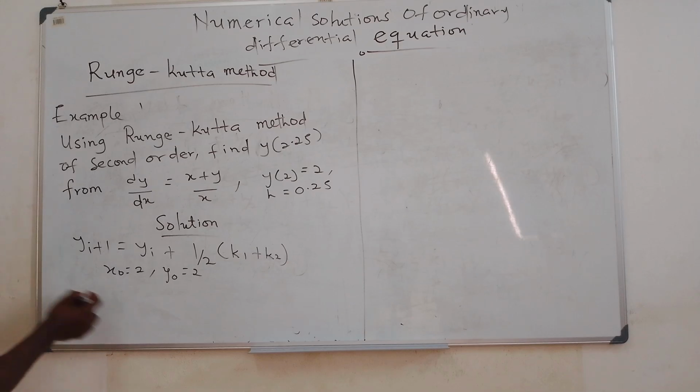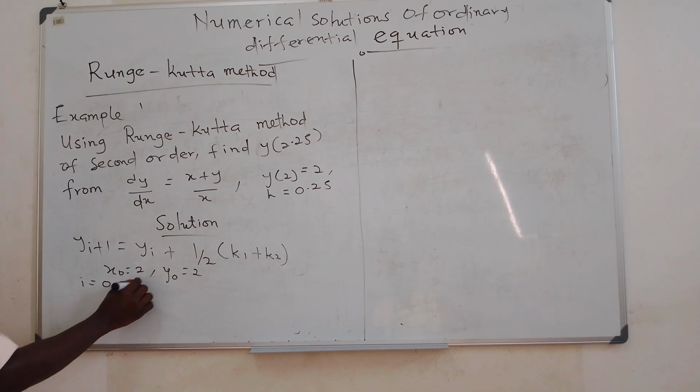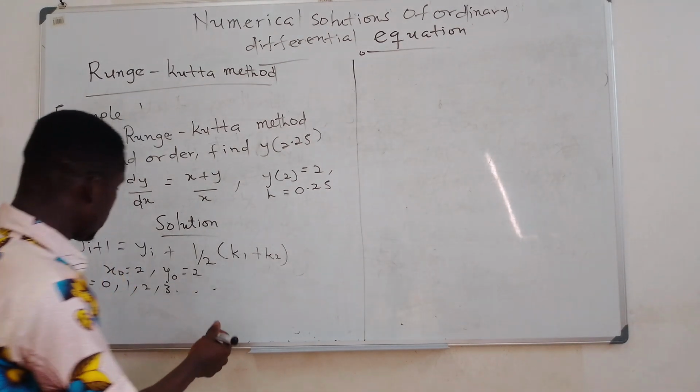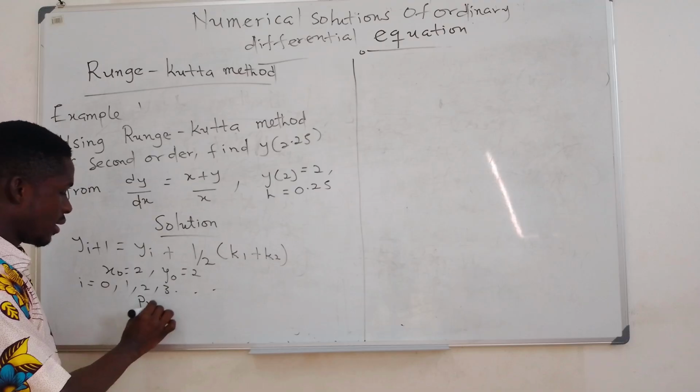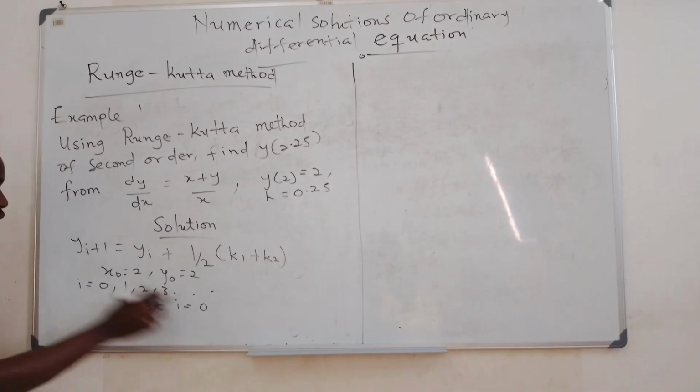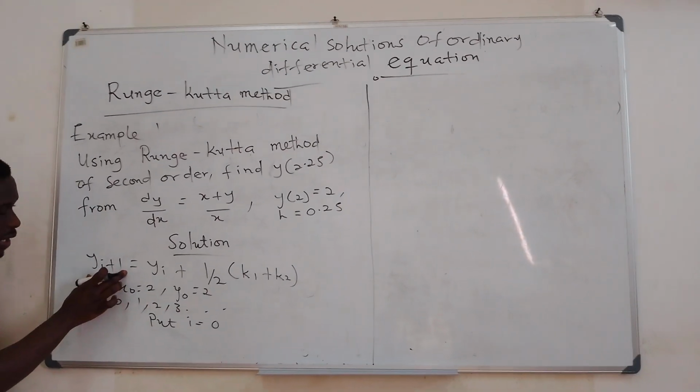Now, the iteration starts from 0, that is i starts from 0, 1, 2, 3, up to infinity. So now, let's put i equals 0. If i is 0, we know definitely that here will be y1.